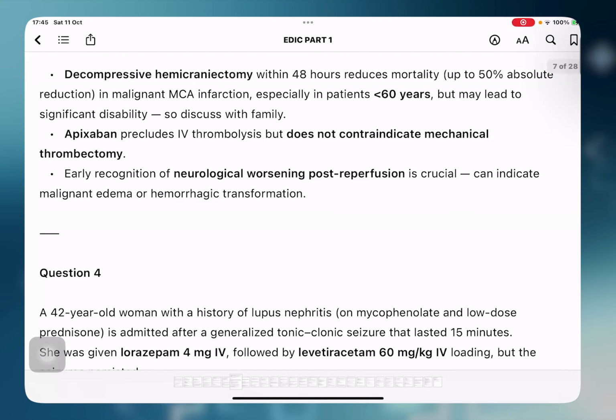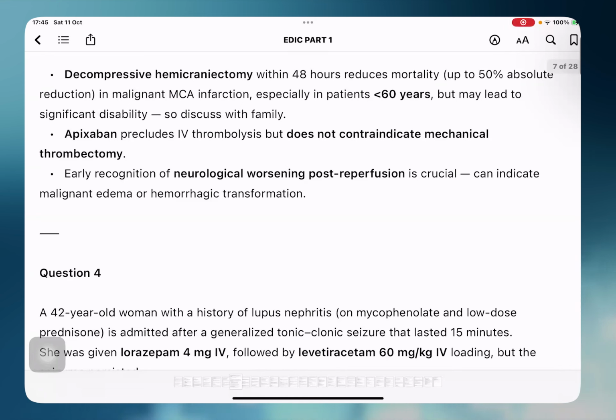So the carry home points are that decompressive hemicraniotomy is essential. It has to be done within 48 hours to reduce mortality. Up to 50% absolute reduction is there, especially in patients who are younger than 60 years. Apixaban precludes IV thrombolysis. That is very important.